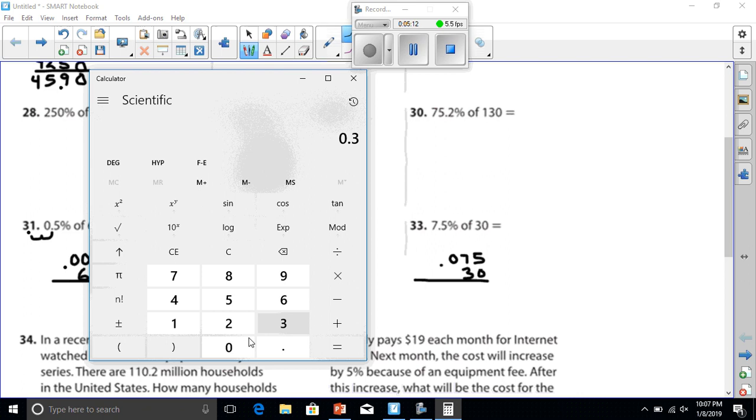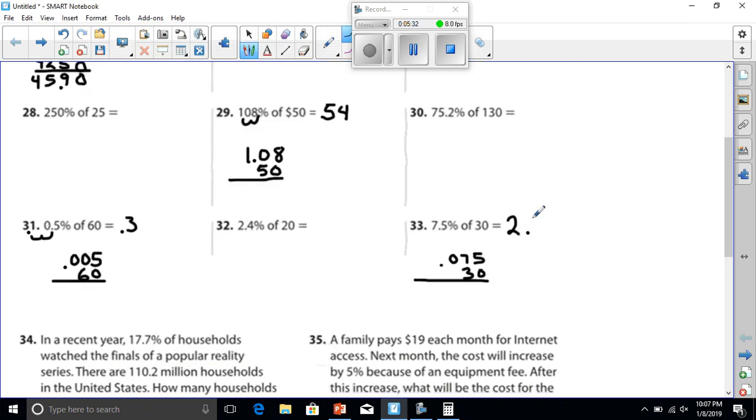Well, 0.075, and we multiply it to 30, that's going to give us 2.25. Now, remember, it did say to round to the nearest tenth. So since this is 5 or greater, this is actually going to become 2.3.